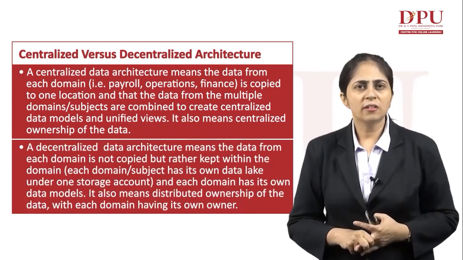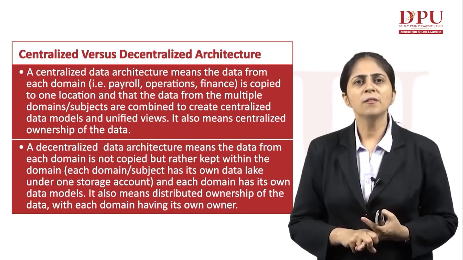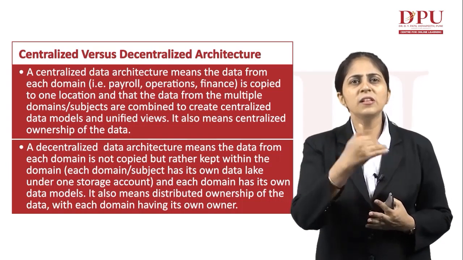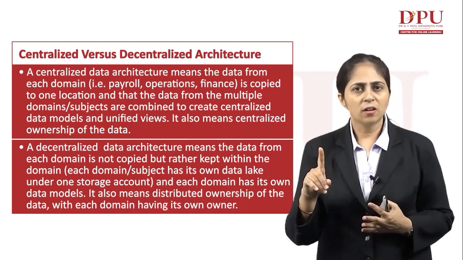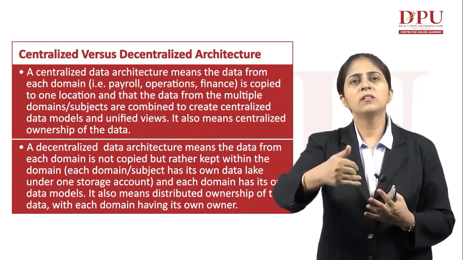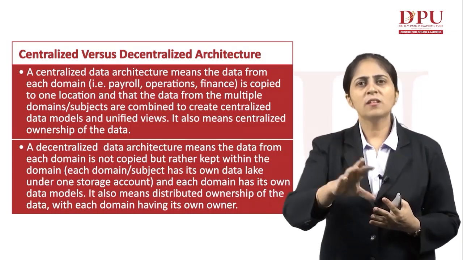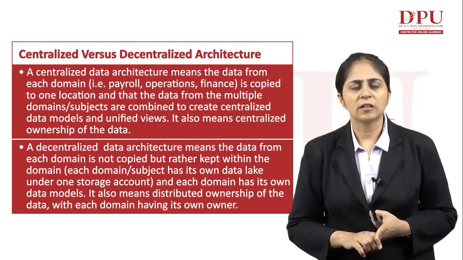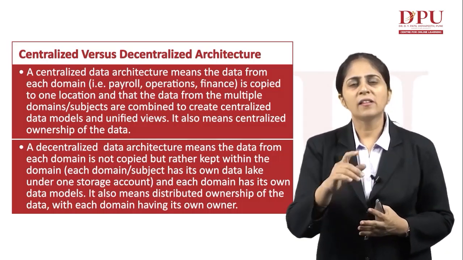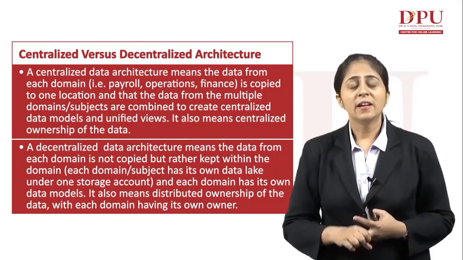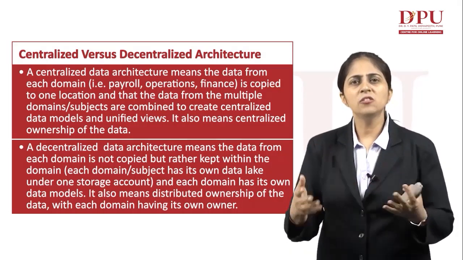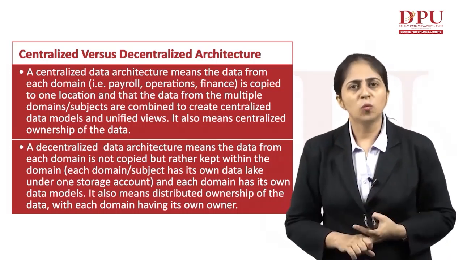Talking about the decentralized or distributed architecture, it means the data from each domain is not copied, but rather kept within the domain. Each domain has its own data lake and its own storage account, and each domain has its own data models. It means distributed ownership of data, with each domain having its owner.